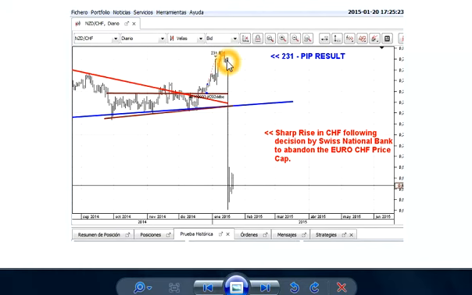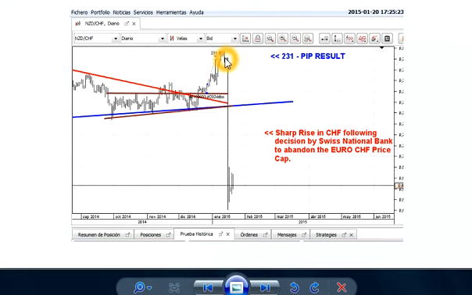As you can see from this chart, which showed the reaction of the market following that decision by the Swiss National Bank, there was a very sharp reversal that took place after the market hit this target here.